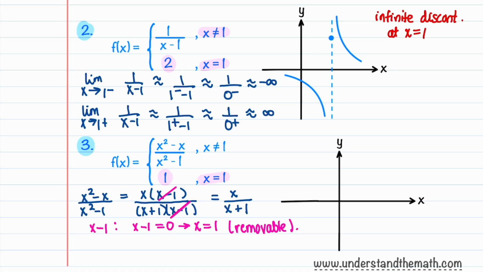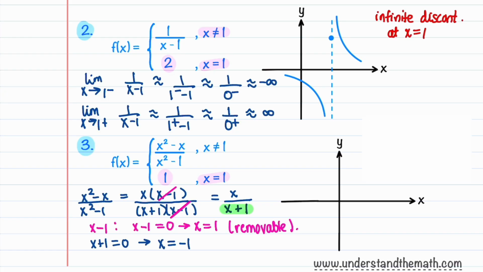Now let's look at the function that we have left. Notice that there's an x plus 1 in the denominator. Let's set that equal to 0. That gives us x is equal to minus 1. When x is equal to minus 1, our denominator is going to go to 0. So our function is going to go to infinity and also to minus infinity.